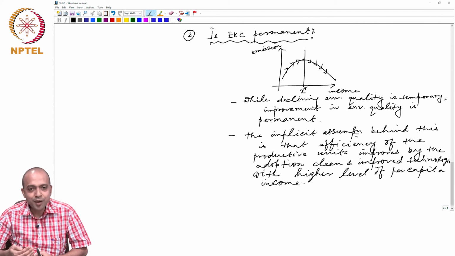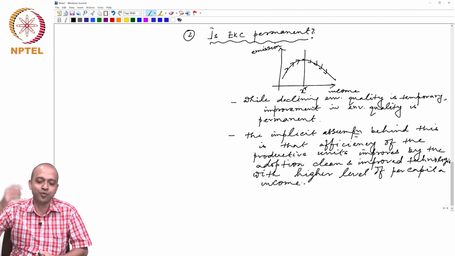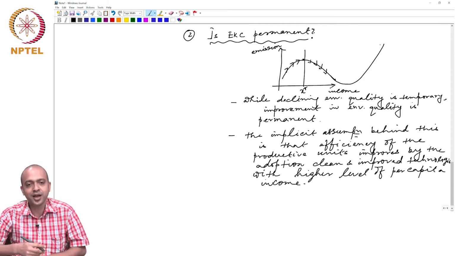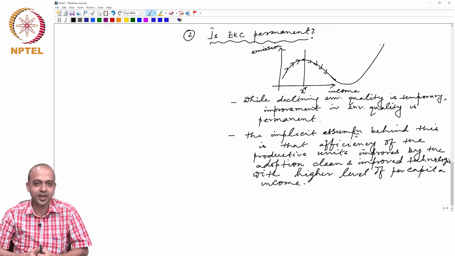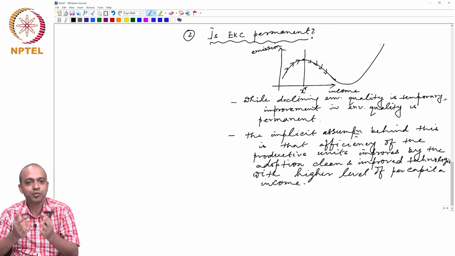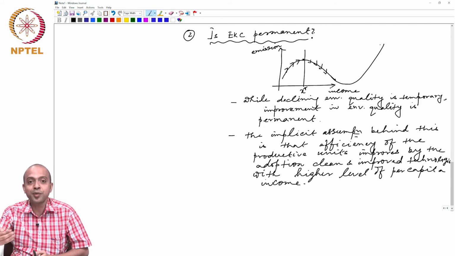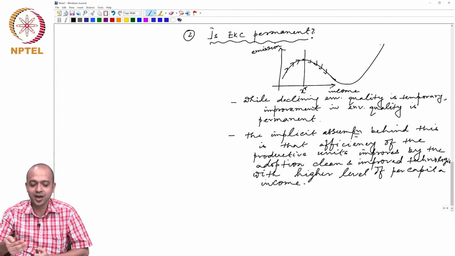Environmental quality will start deteriorating once again. That means, after getting this downward fall, you may get an upward swing once again in the EKC, because the economy is not able to control the pollution, because the cost of abatement is too high and structural change has not happened.